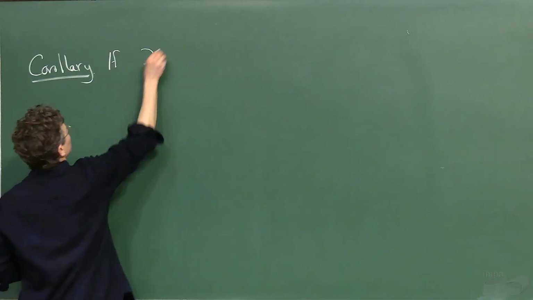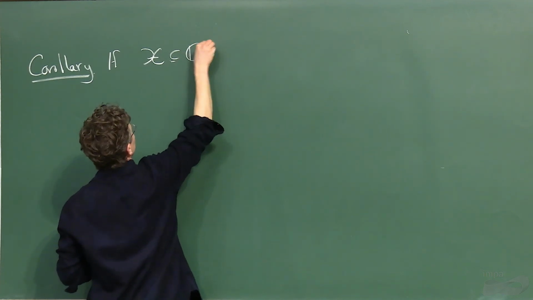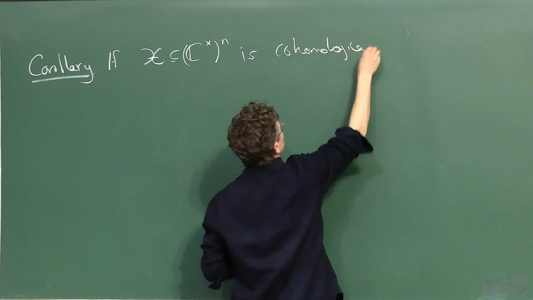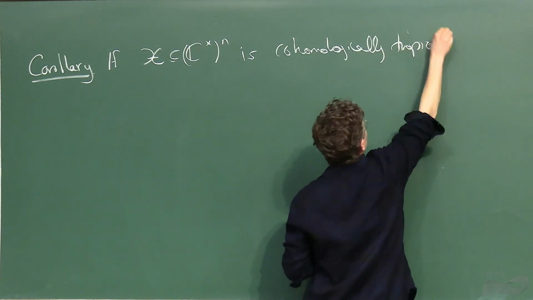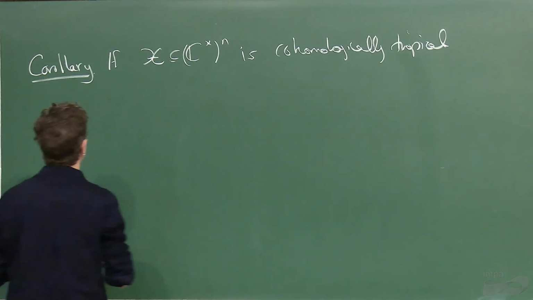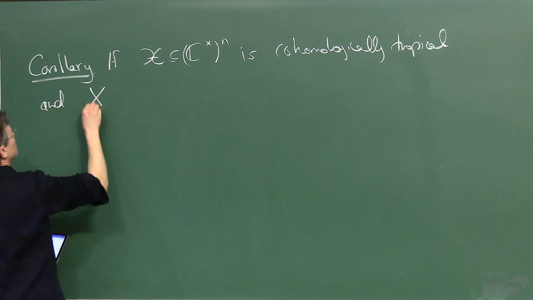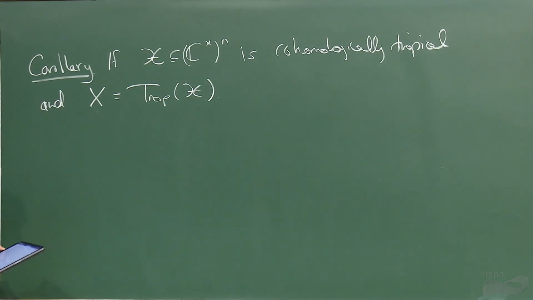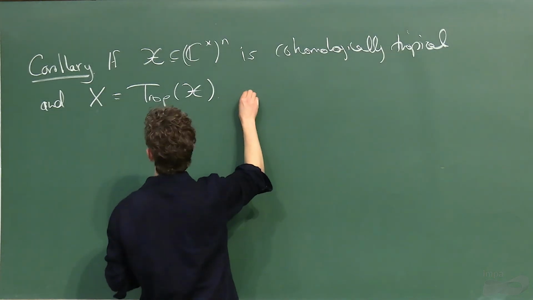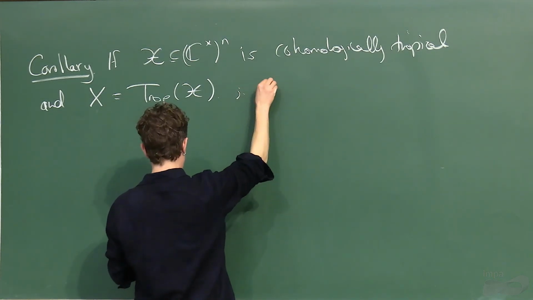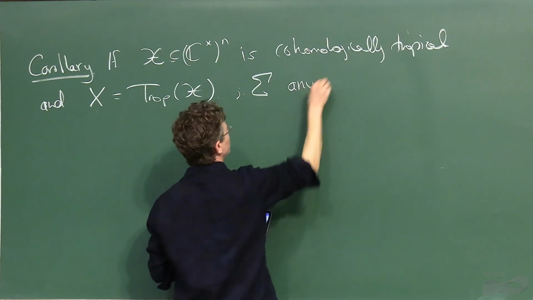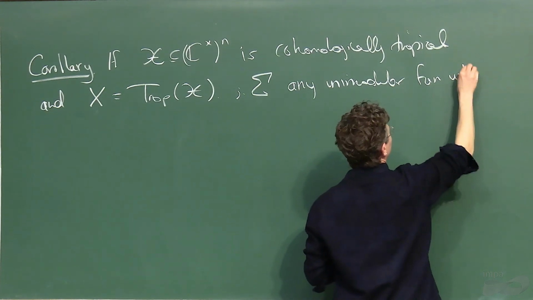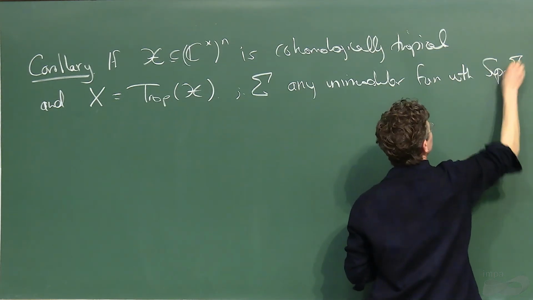So if X, remember now this is just a single X in the torus, is cohomologically tropical, and we have the usual tropicalization of X, Sigma is going to be any unimodular fan with its support being equal to the tropicalization.